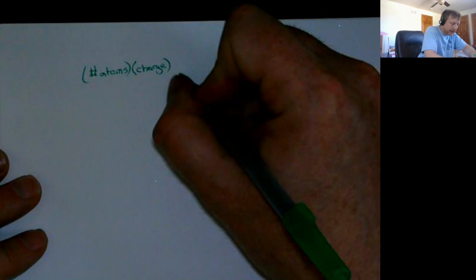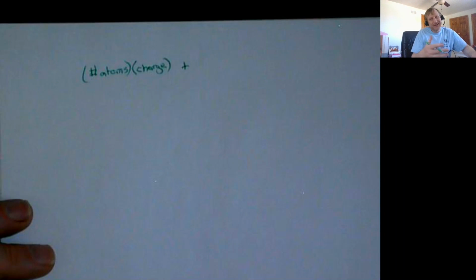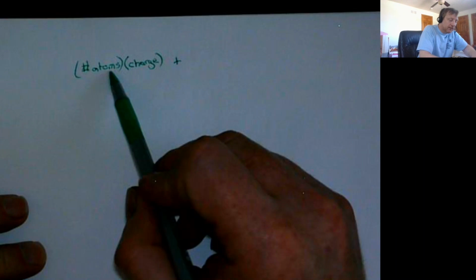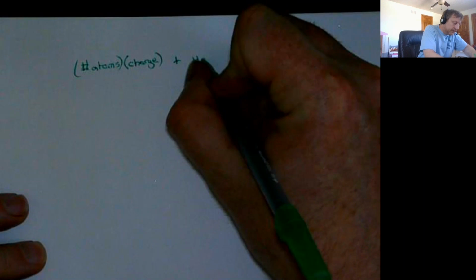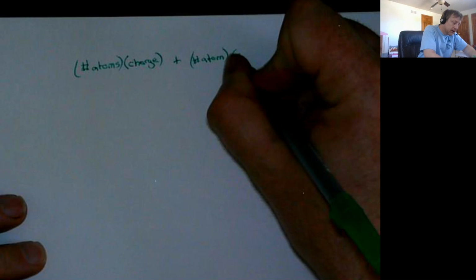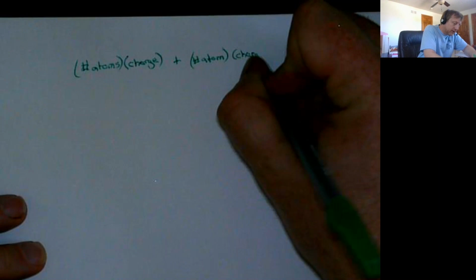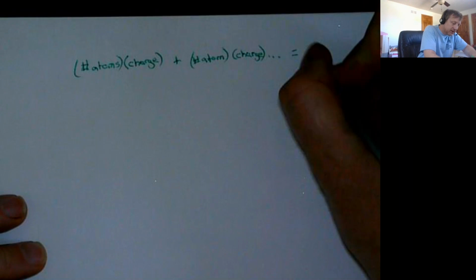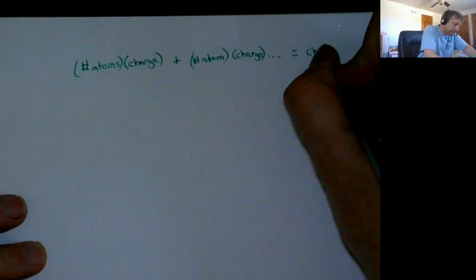Actually, this should be oxidation number, but it's easier and shorter to write charge, and we don't need to get into the formal differences between them. So we have the number of atoms of one element times the charge on each atom, and we do that for every atom in our compound. Those things have to add up to be the charge on the compound.